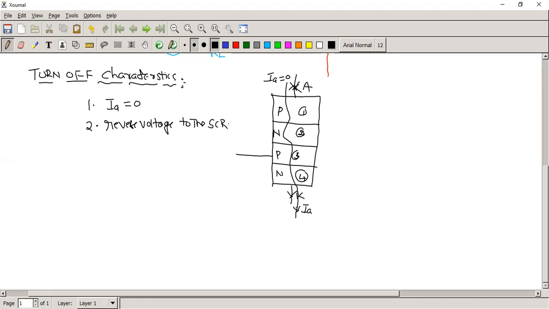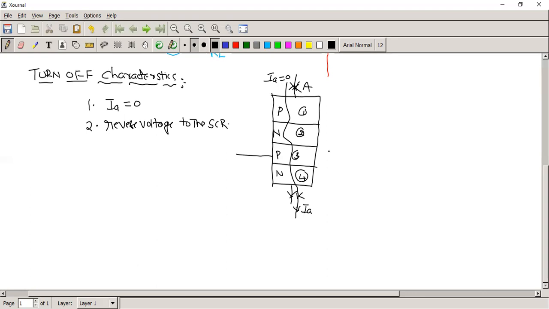Now the point is, if the device does not regain the blocking capability after making the anode current zero, and you apply the forward voltage, the device directly goes to the on state. Ultimately, we don't have any control.